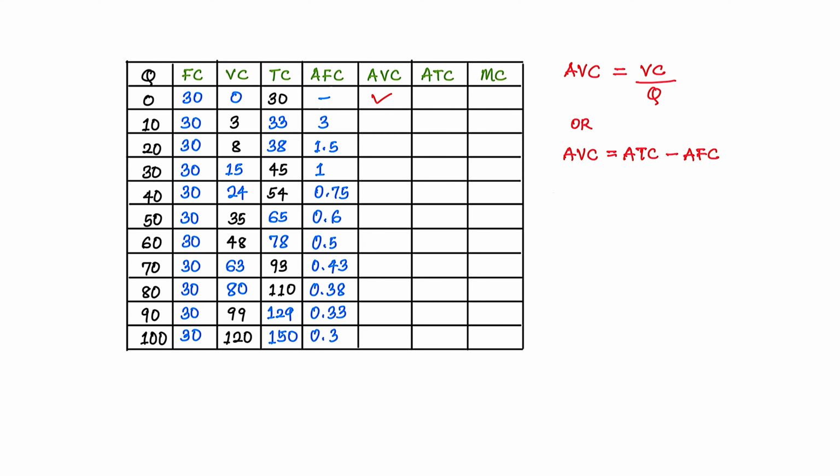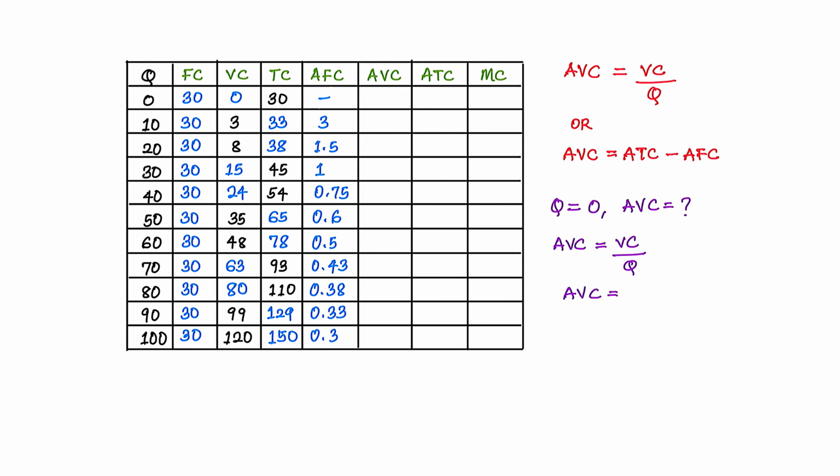Finding the first box here, we are trying to determine the value of the average variable cost when quantity equals 0. So using the first formula, average variable cost equals variable cost over quantity.